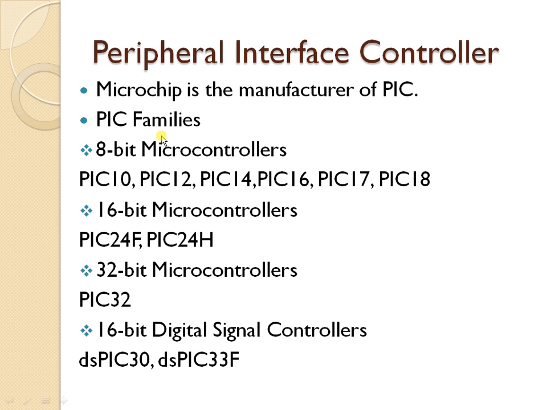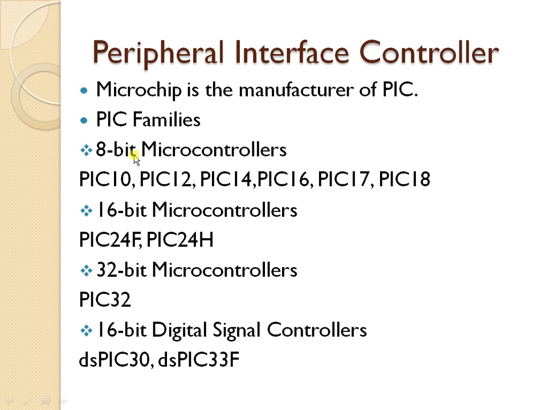If you look at the PIC families, there are 3 or 4 different variants: 8-bit microcontrollers, 16-bit, 32-bit, as well as DSP microcontrollers. Inside the 8-bit family, PIC 10, 12, 14, 16, 17, and 18 are the series.